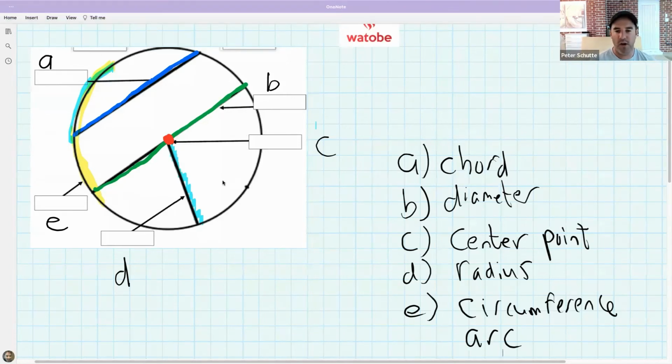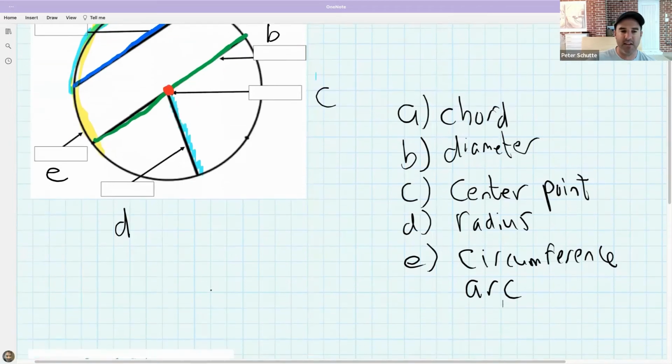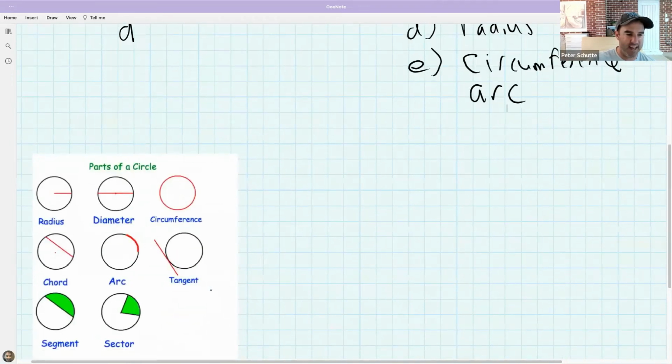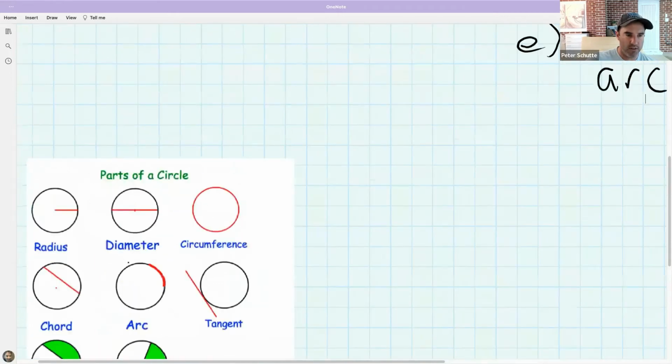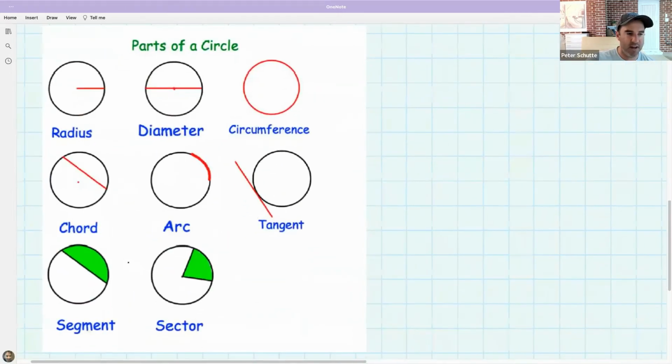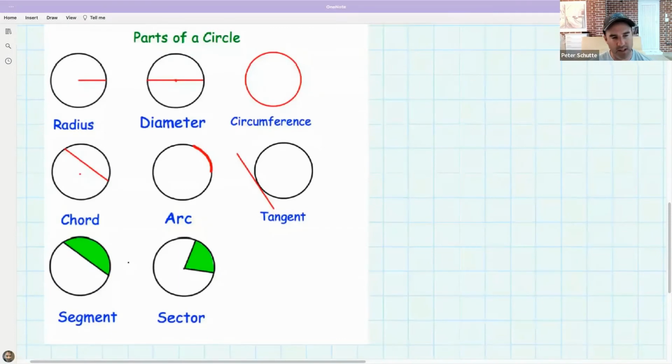So just to show you all the vocabulary, and again, this will come up again and again, if we look at the parts of a circle, these are some important bits of vocabulary that we need to get used to. I think most of you are comfortable with the radius, the diameter, and the circumference. No problem there.